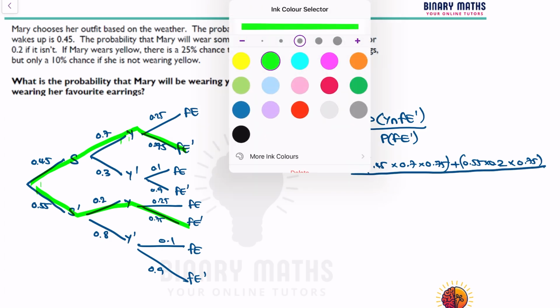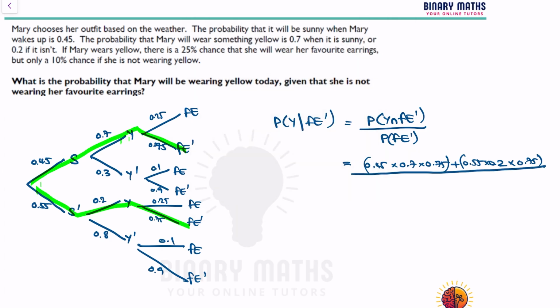Let me just use a different color to highlight the next one. If I want to show the probability of not favorite earrings, it's those two that I've just highlighted plus this extra one. Sorry, there are 4 different ones. So all the way we get not favorite, which is here and that one.